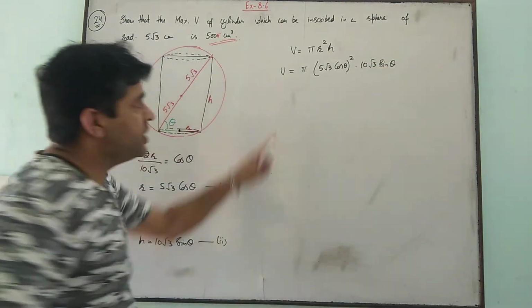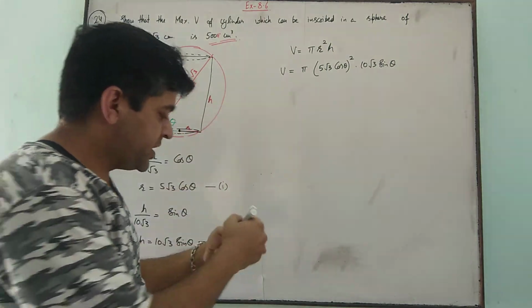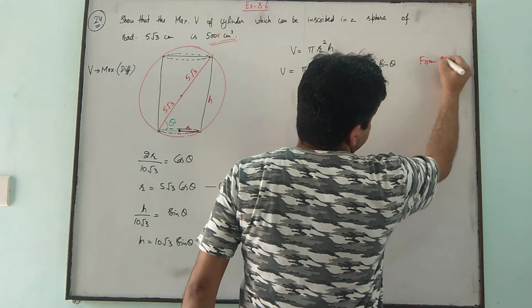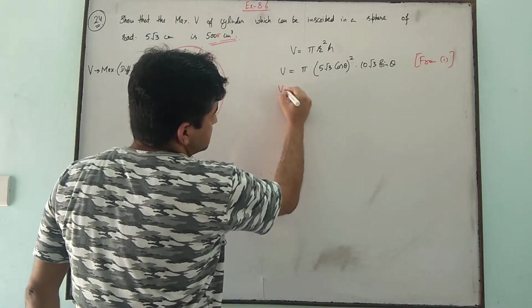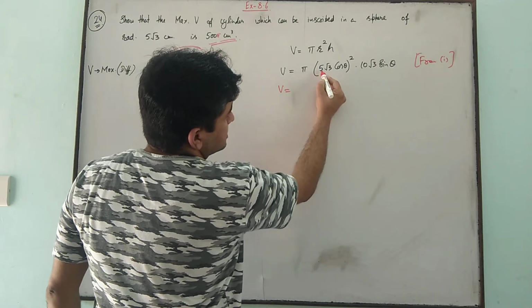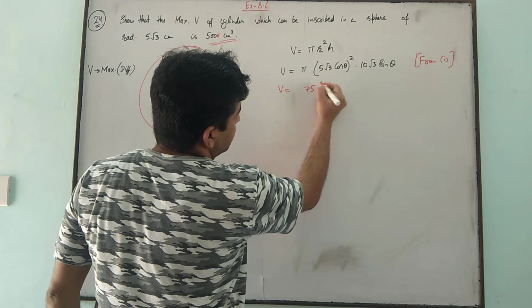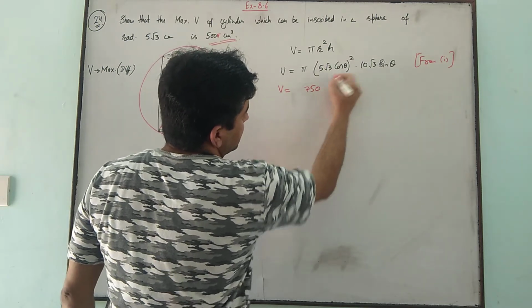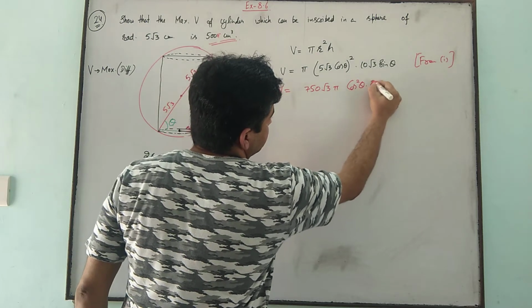Now see, v, volume, depends on a single variable theta, differentiate with respect to theta. This is from equation 1. We put in the values and simplify. This is 25 into 3, 75, into 10 root 3 pi into cos square theta into sin theta.